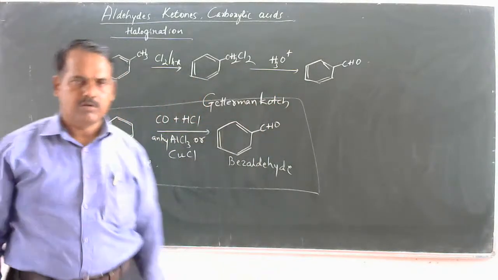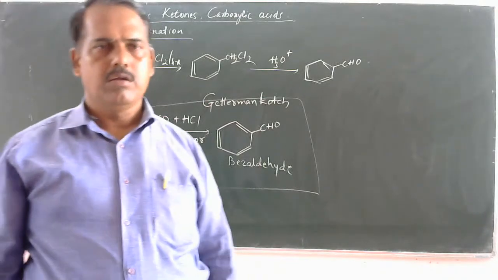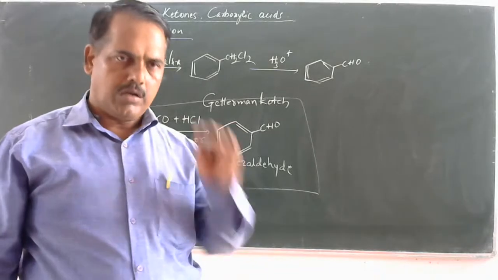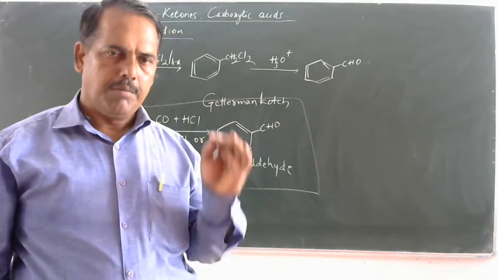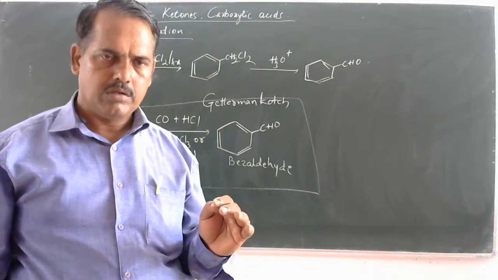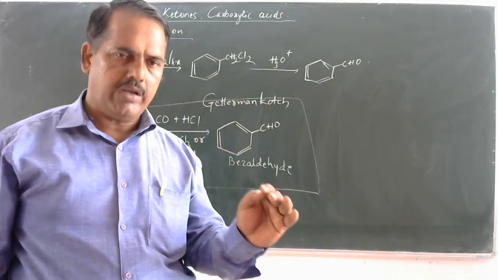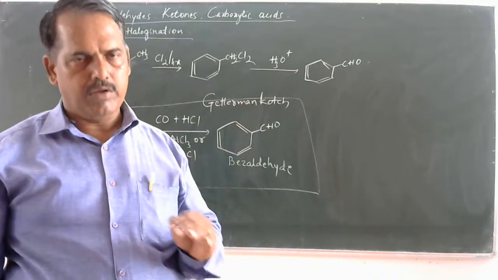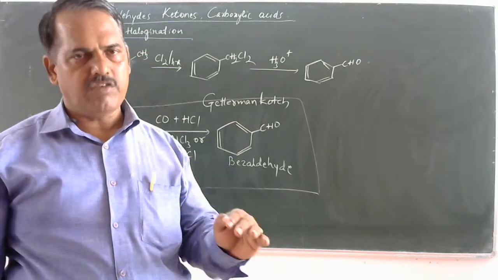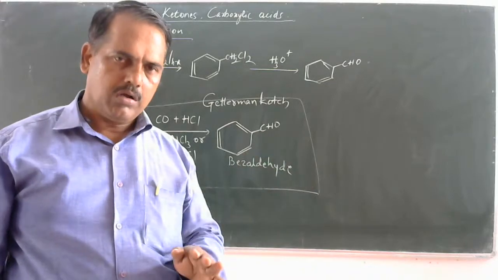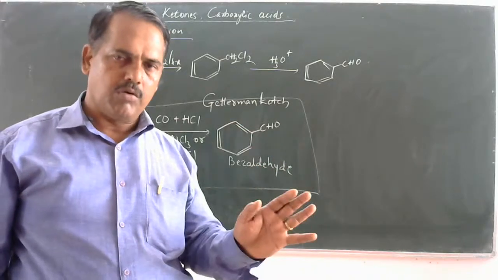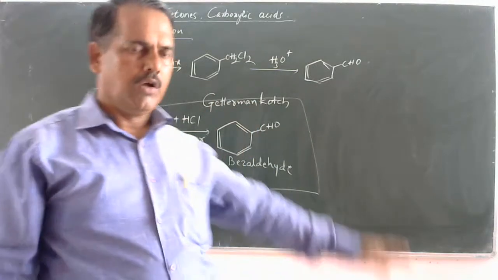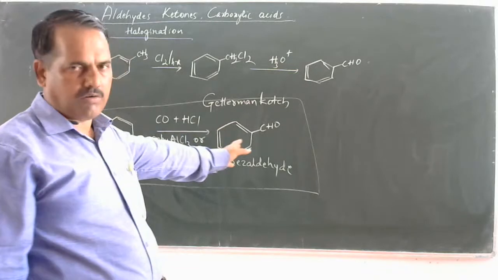Gattermann-Koch reaction. Are you clear? In the Gattermann-Koch reaction, benzene is treated with carbon monoxide and hydrochloric acid in the presence of anhydrous aluminium chloride or cuprous chloride as a substitute reagent, and it is oxidized to get benzaldehyde.